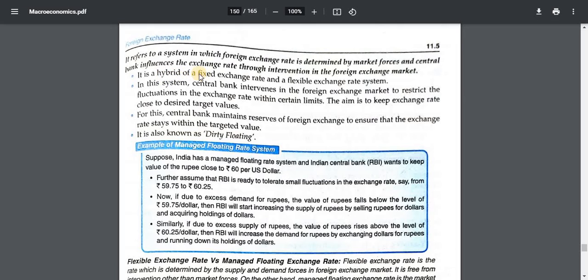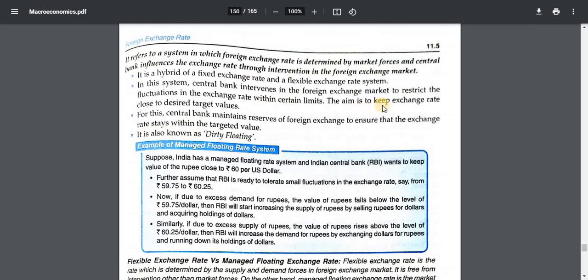It is a hybrid of a fixed exchange rate and a flexible exchange rate system. In this system, the central bank intervenes in the foreign exchange market to restrict the fluctuations in the exchange rate within certain limits.